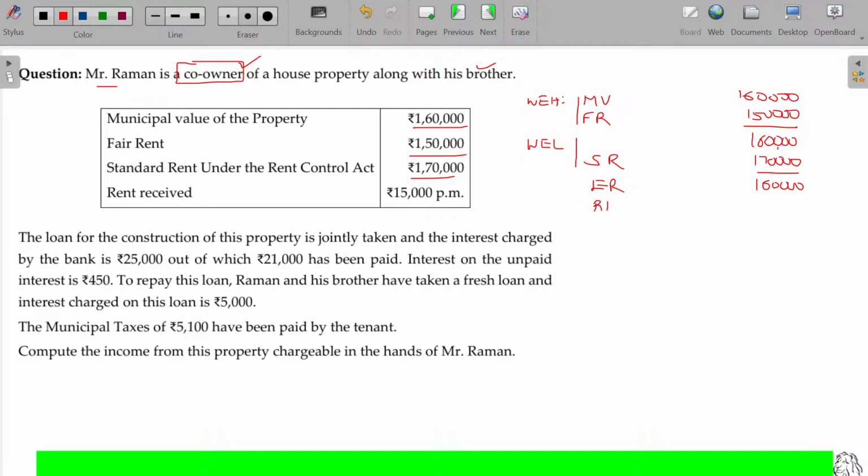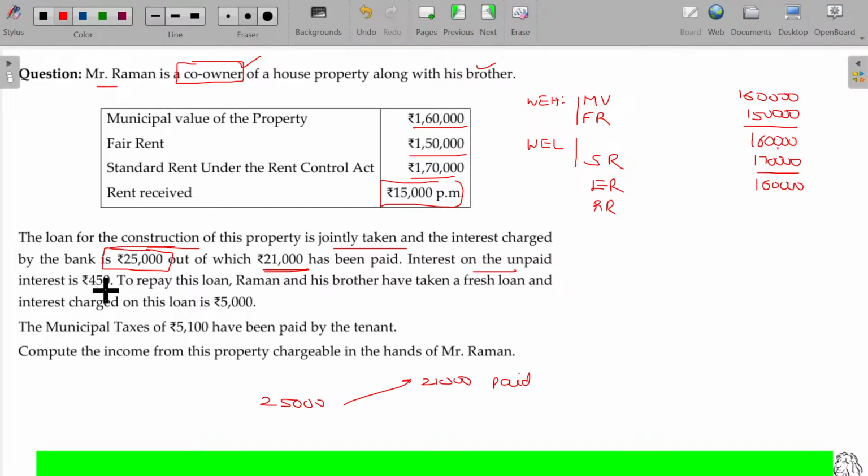Then rent received 15,000 per month. Let's see, is there any unrealized rent or vacancy allowance? The loan for the construction of this property is jointly taken, and then interest charged by the bank is 25,000. 25,000 is the interest, out of which 21,000 has been paid. 21,000 interest paid.